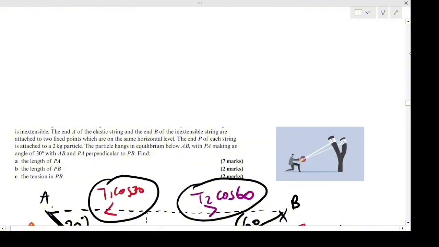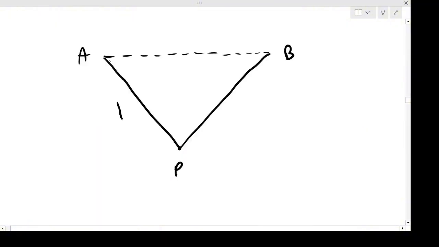So the side of PA from A to P is 1. And we want this length here. We also know that this is a right angle, and we also know that this is 30 degrees. So to find this missing length PB, because we know what this side is, AP, it's 1, we can just use basic SOHCAHTOA. We don't need any extra equations here, okay?